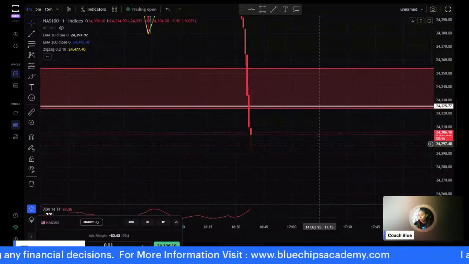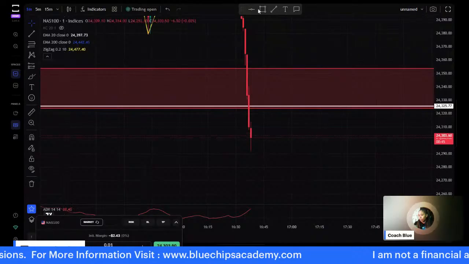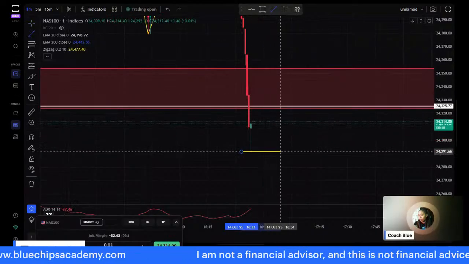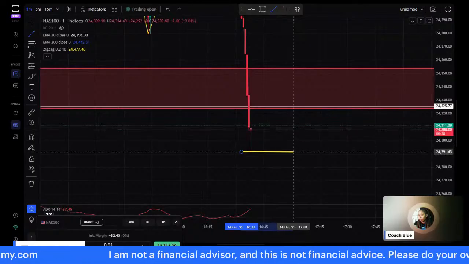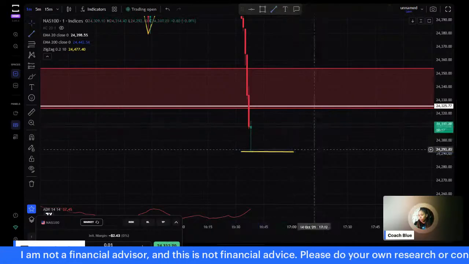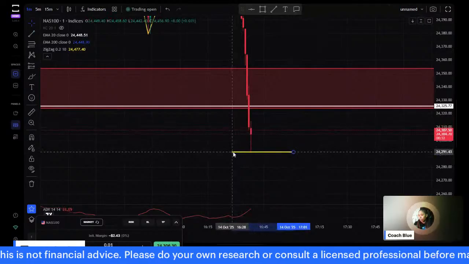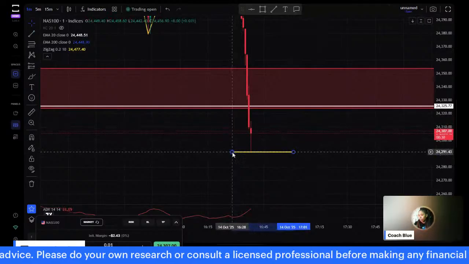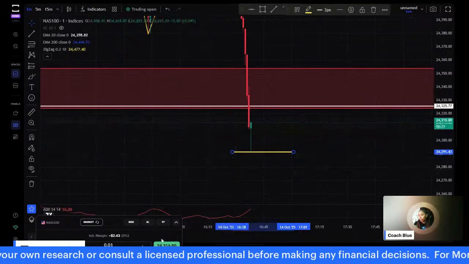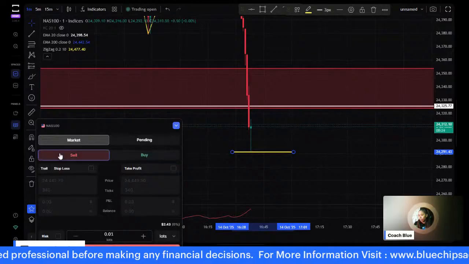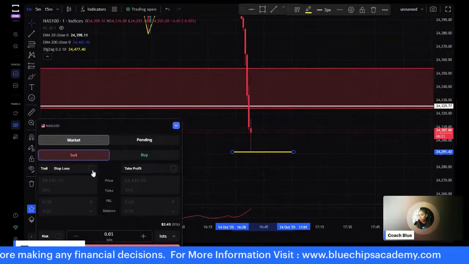Very nice. Okay, so now I'm going to put my level right here because I need my pullback candle to break past this level right here. My continuation candle breaks past this level, then I'm getting into a sell. And I'm actually going to get my sell prepared here. Okay, so I'm clicking sell.